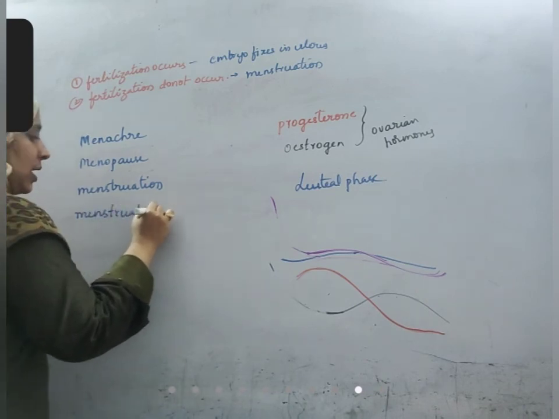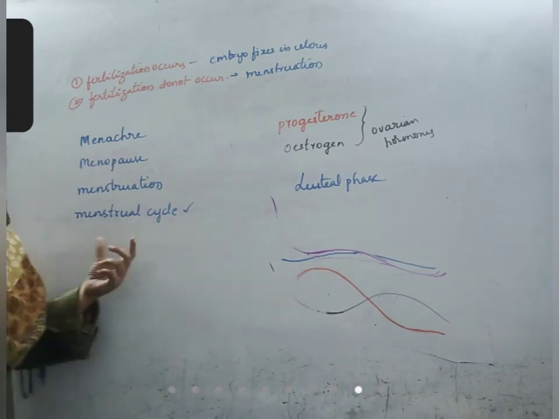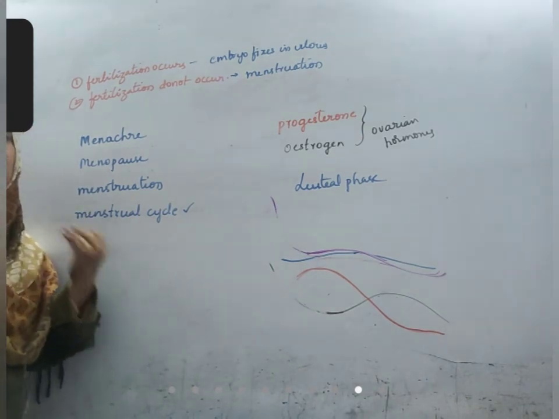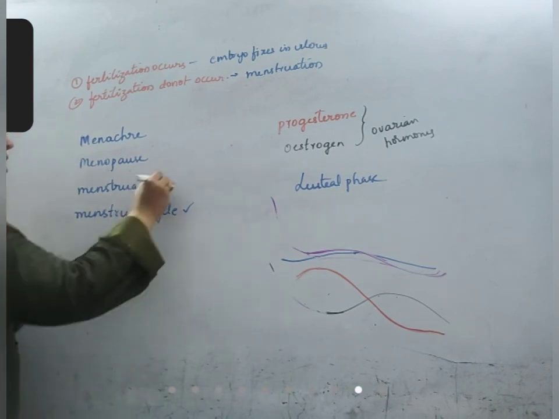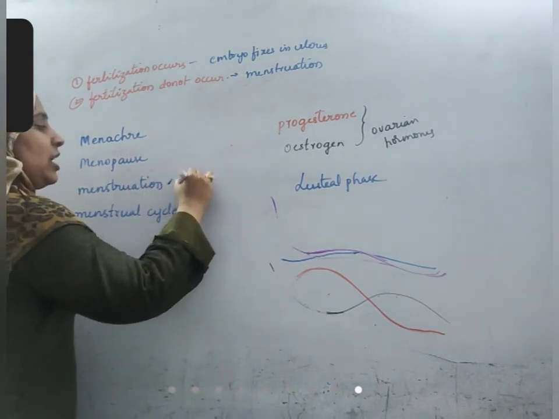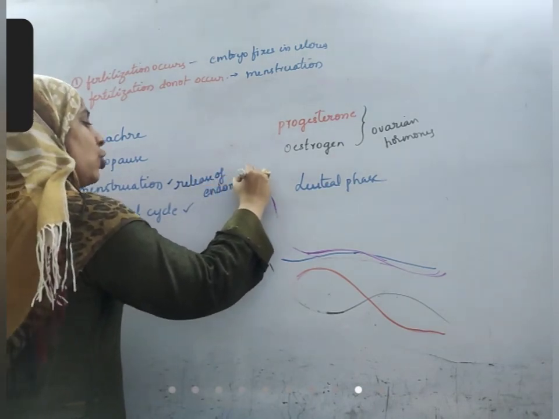These are cyclic changes. The menstrual cycle is the cyclic changes that occur in the ovary, in the uterus, and in the hormones. Menstruation is the release of endometrium.